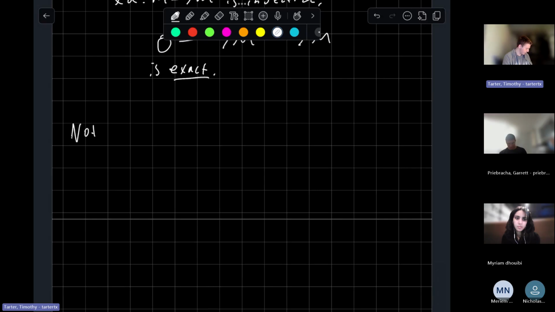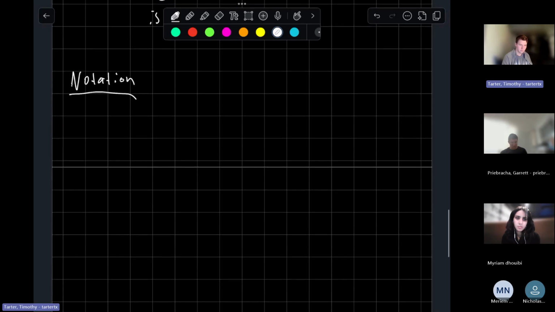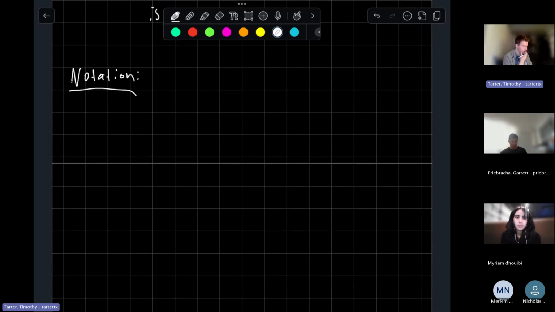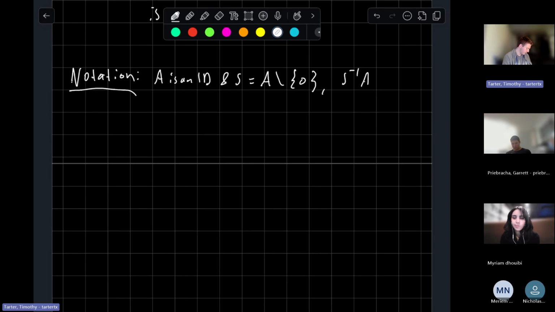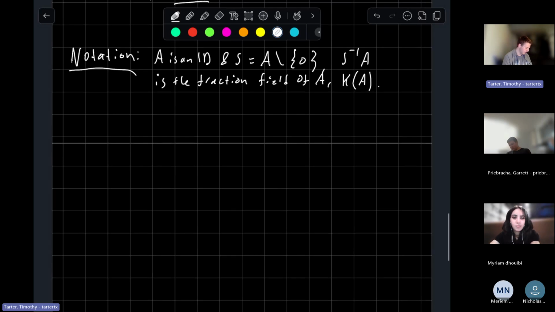So kind of as a notation thing, and this is really for Garrett because I don't think anybody else has been following along in the Hartshorne series. If A is an integral domain and S is equal to A set minus 0, then S inverse A is the fraction field of A, and Vakil calls it K of A, which is what we use for function field in Hartshorne.